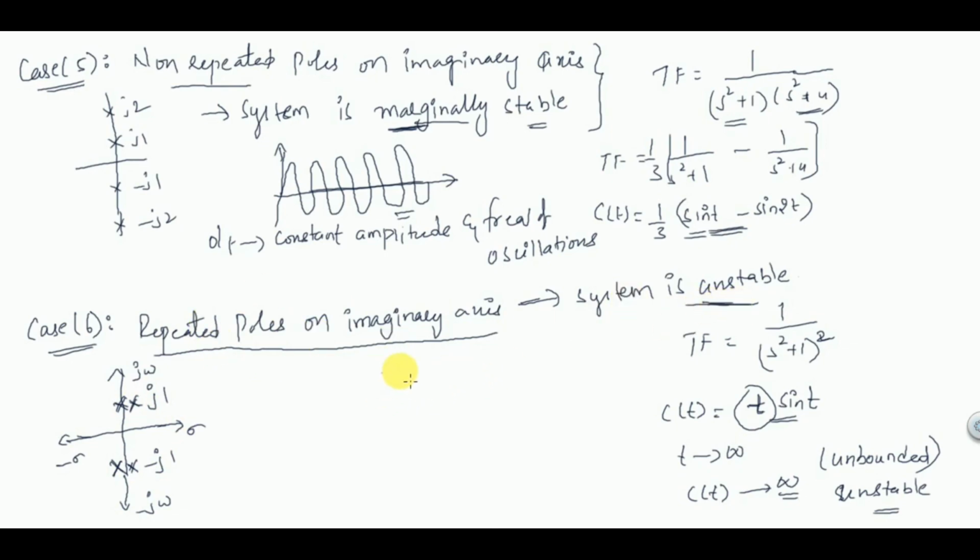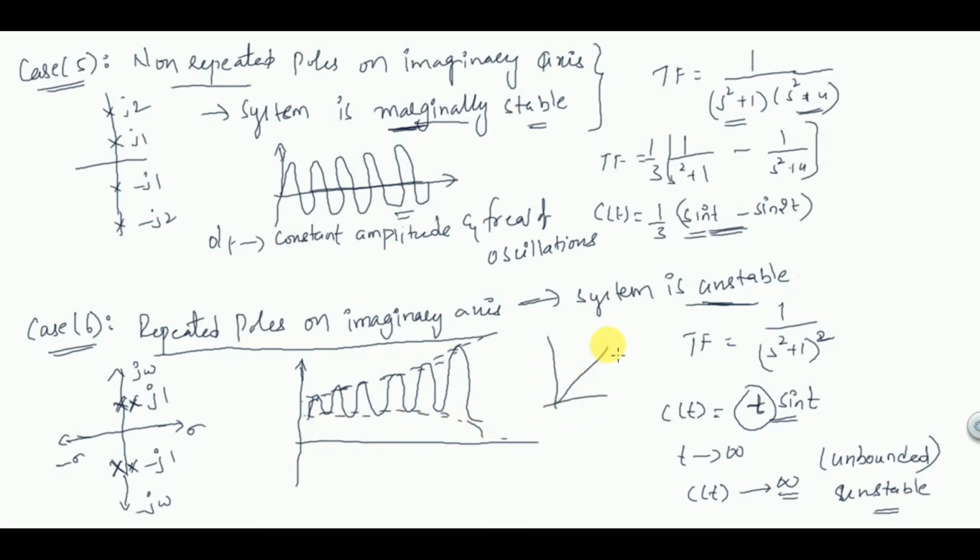If you want to draw the output, it is multiplied by t, so it will be shifted like this, increasing. Since t is a ramp signal, it is of the form of a ramp, a straight line, and if it is shifted upward, it will be like this.